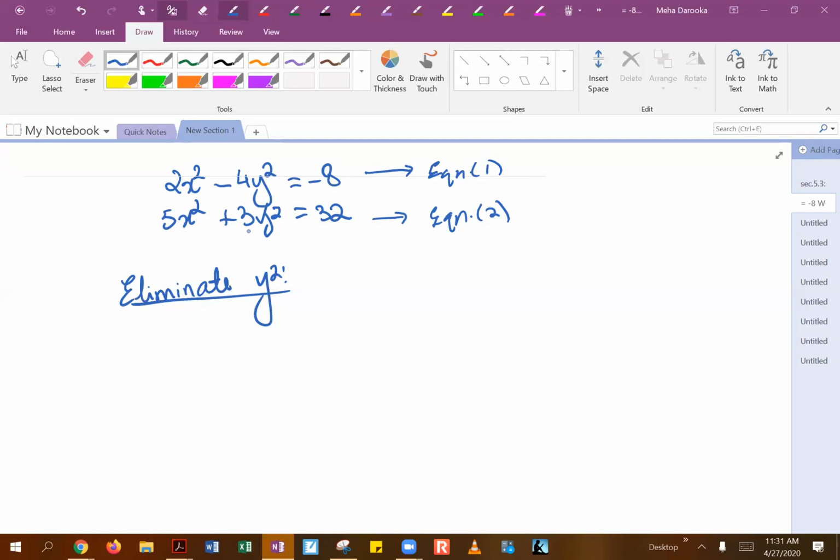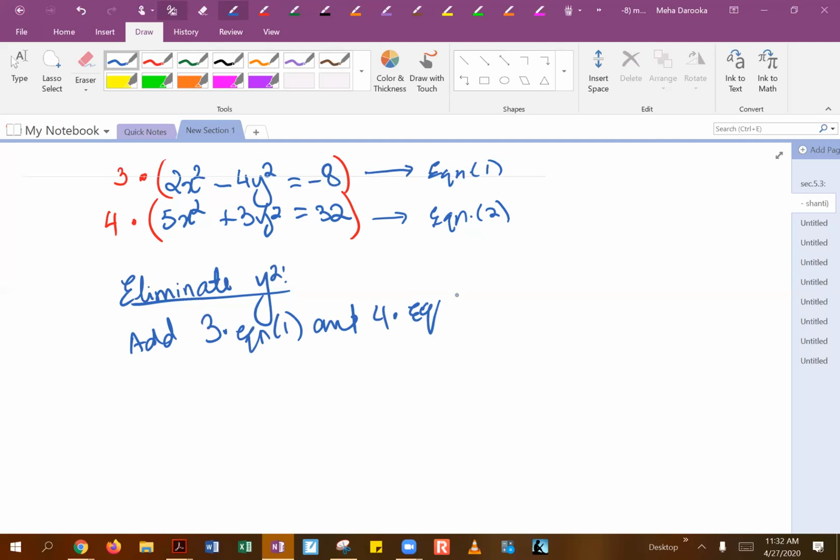So what do we need to multiply our first equation by to make that into a -12? By 3. Very good. And the second equation? By 4. Yeah, very good, Levi. So we are going to be adding 3 times equation 1 with 4 times equation 2.